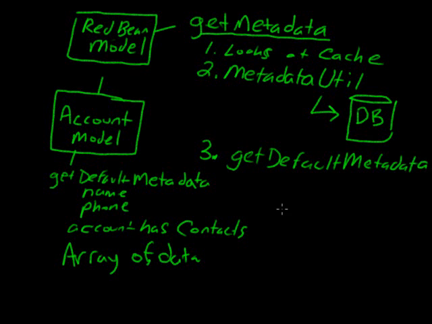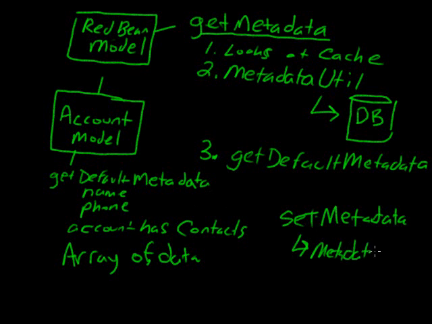Now, the reverse of that is true when you're setting metadata. For example, with the designer tool, let's say you add a custom field to accounts, we'll just say it's description 2 or something. Setting metadata takes the array that you pass into set metadata, and it will call the metadata utility, which will store it into the database.